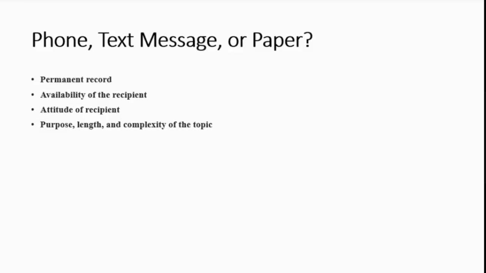There is no record of what transpires in your phone conversation unless you record the conversation. Text messages can be saved, but they are so limited that they are not a good option for professional activity. The second one is the availability of the recipient.